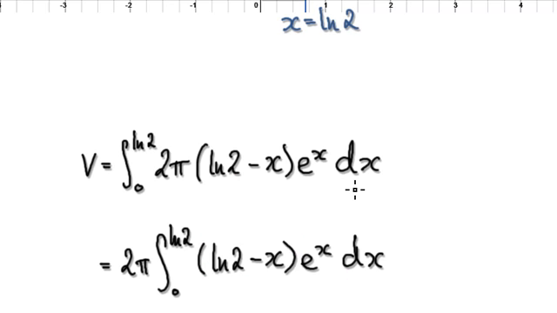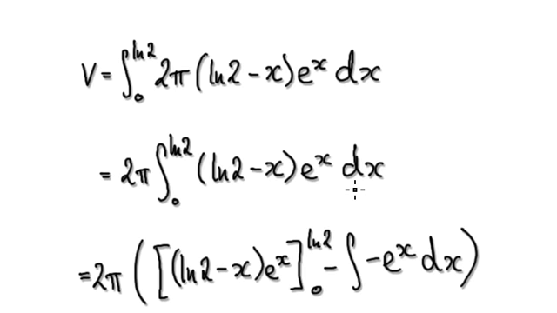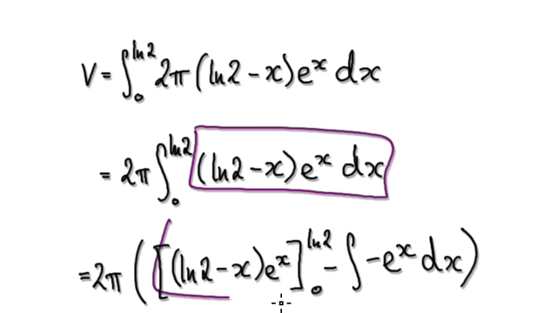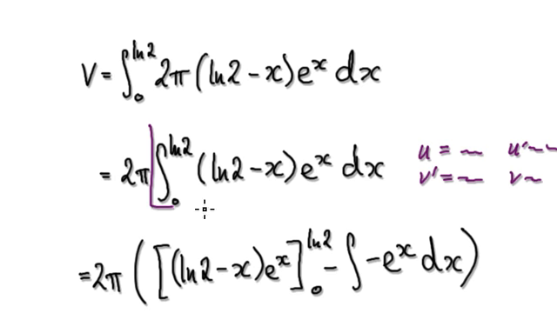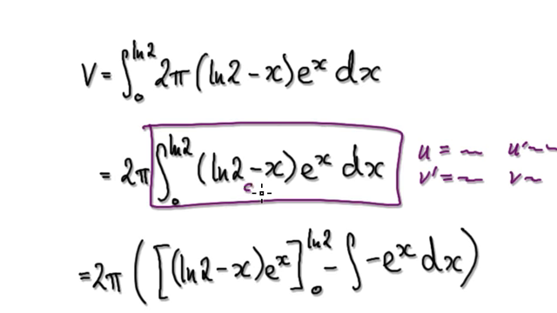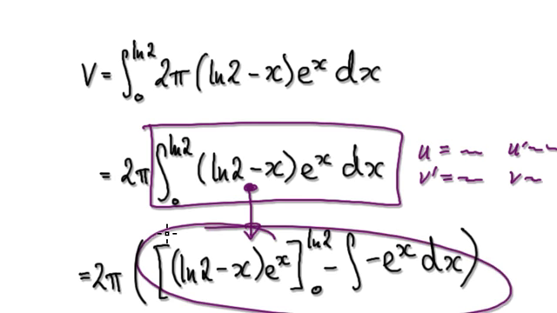Using integration by parts, learn to jump from here to here in one go, without doing u equals blah blah, u prime equals blah blah, v prime equals blah blah, therefore v equals blah. This is quite straightforward.